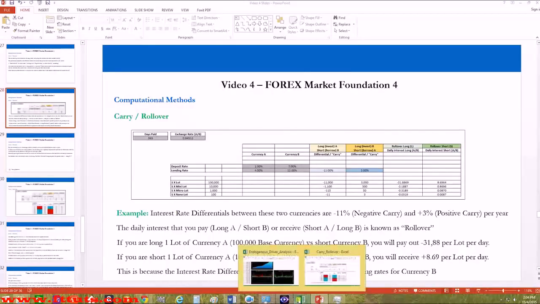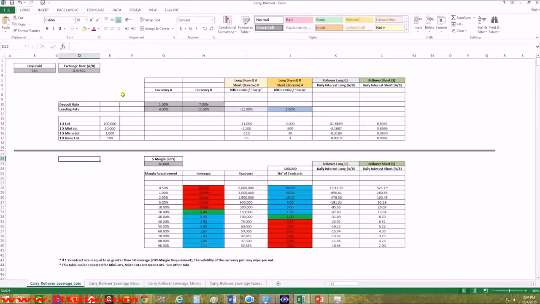So let's go into Excel, and you can use this table by taking the loan rates and the deposit rates from your trading platform, and everything that you see in the gray here is an assumption. So you can change these assumptions whenever you want.